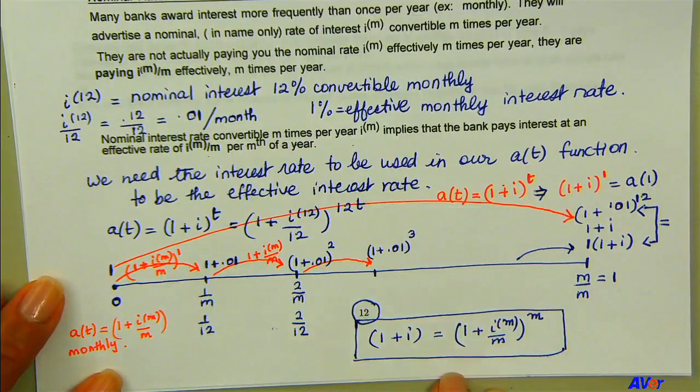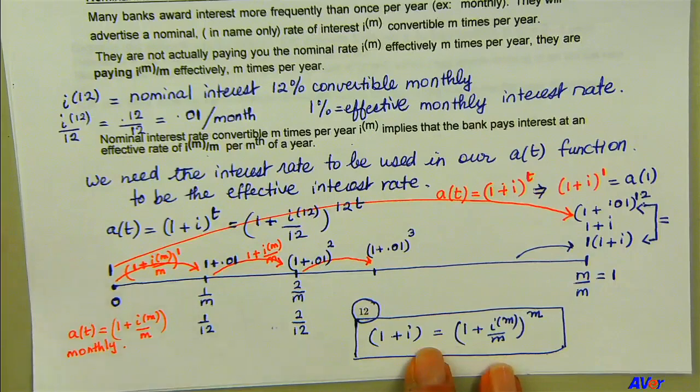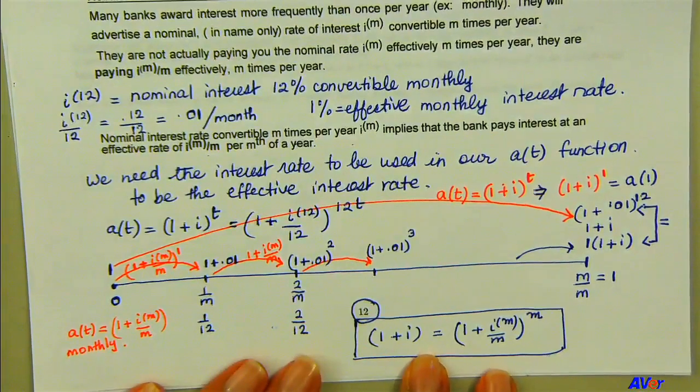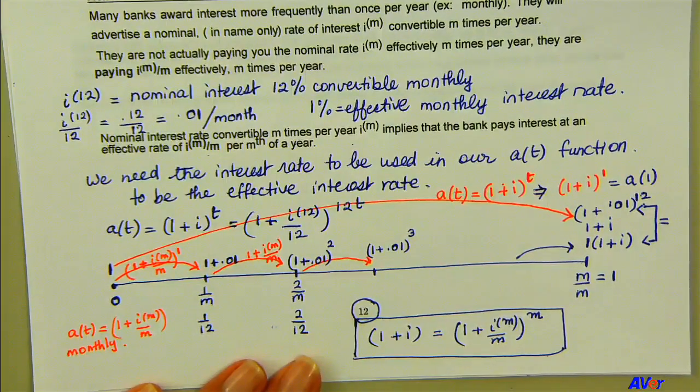Going to the accumulation function, the 1 plus i to the t, would that i be 0.12? No, it won't be 0.12. If your rate convertible monthly is 12%, that would be equivalent to an i annual of something different than 12%.